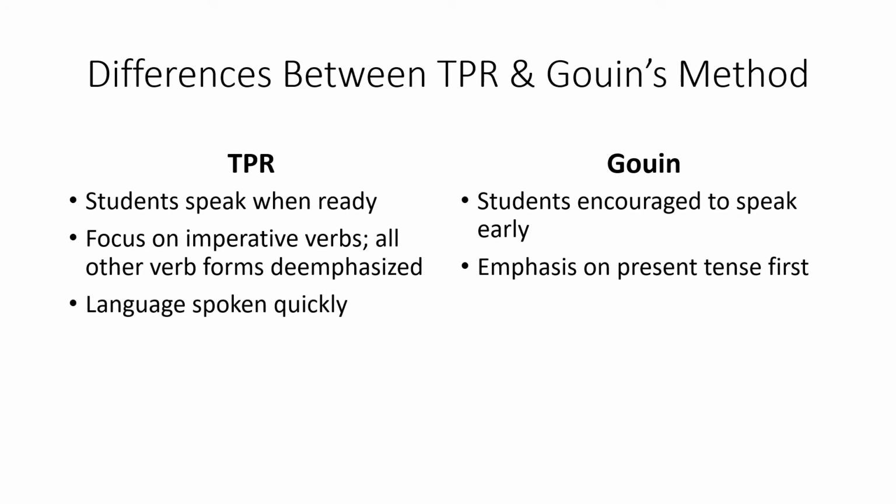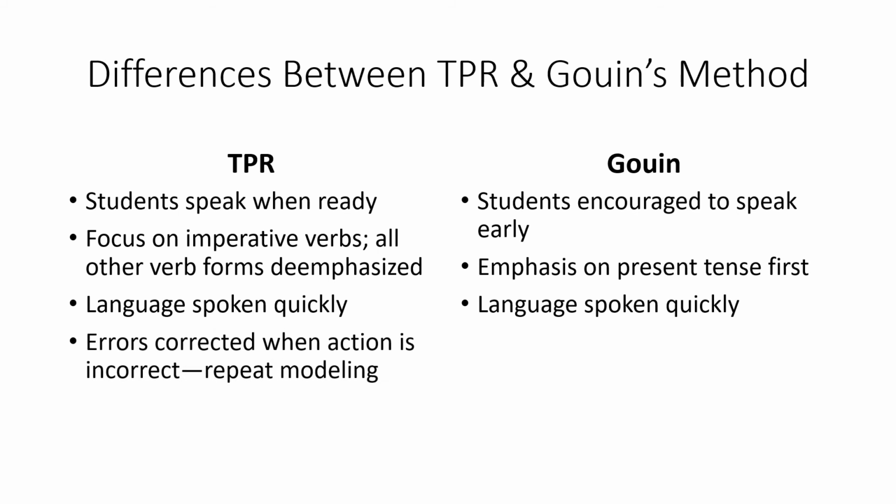In TPR, the language is spoken at native-like or near-native-like speed. In Gouin's method, the language is spoken at native-like or near-native-like speed. In TPR, errors are corrected when the action is incorrect.